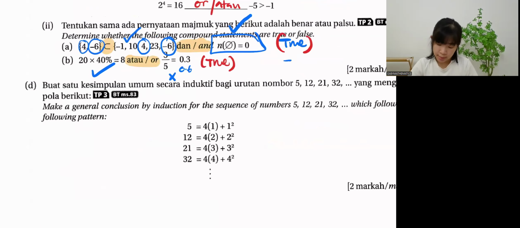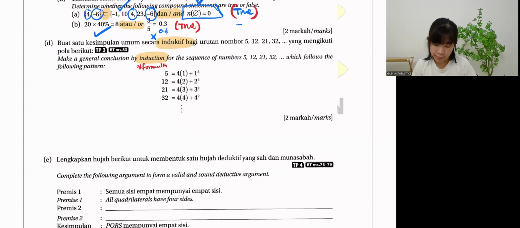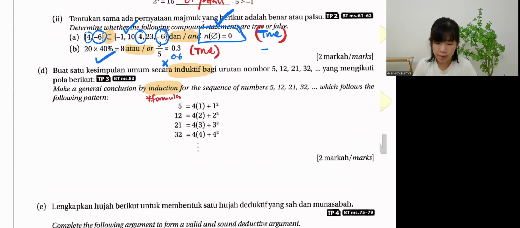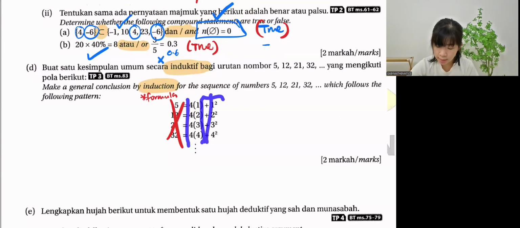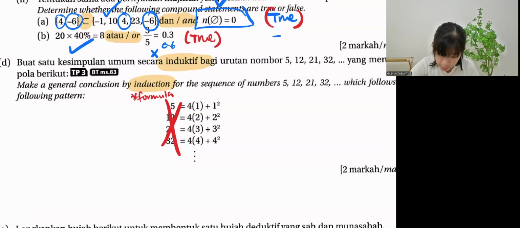Okay, D. Make a general conclusion. Okay, highlight this. Induction. Inductive. Induction means the answer must be very general, which means you want a formula. Which of the following patterns? Okay, the formula. This one we don't have to include. Every time you see 4 plus, the square or repeated part is definitely in the formula. When you see 1, 2, 3, 4, we can change this to n.